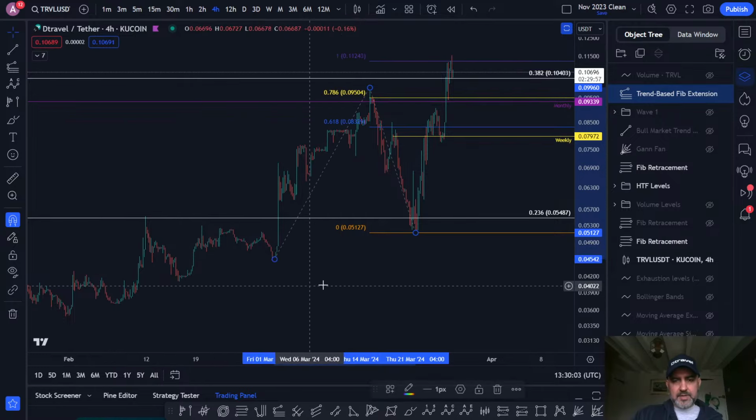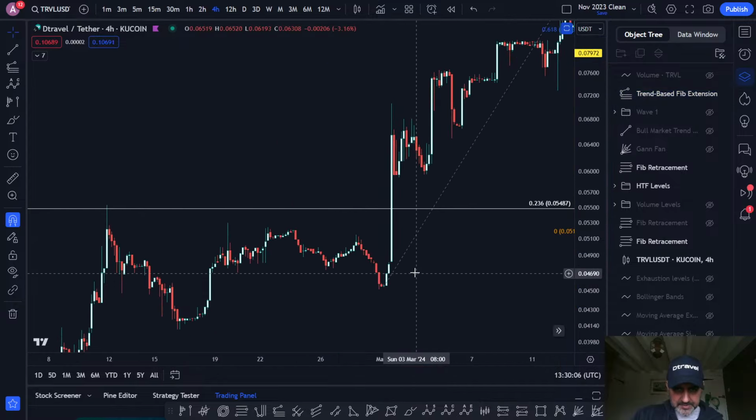Basically the same thing. It's just different numbers, but it's basically the same levels.